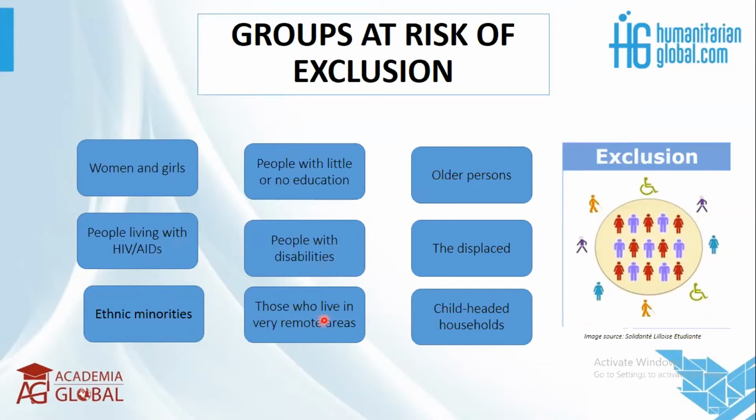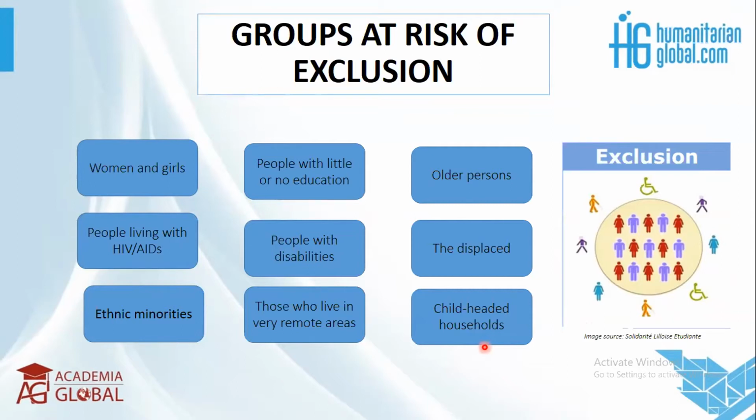We also have populations that live in very, very remote areas, and we also have child-headed households. So these groups, we will be able to look at them. We may not exhaust all the groups, but we will look at how we think these groups are likely to be excluded in our water, sanitation, and hygiene services, or even within our programs.